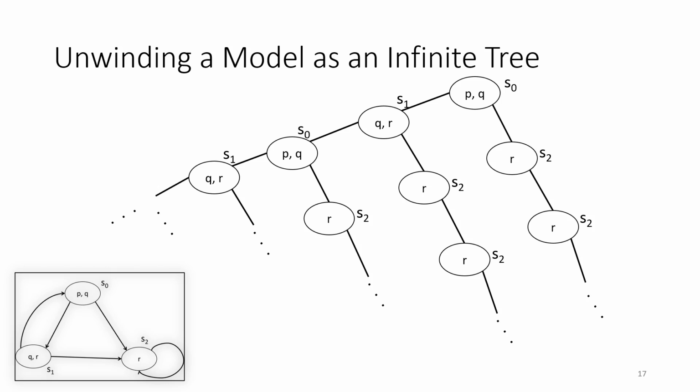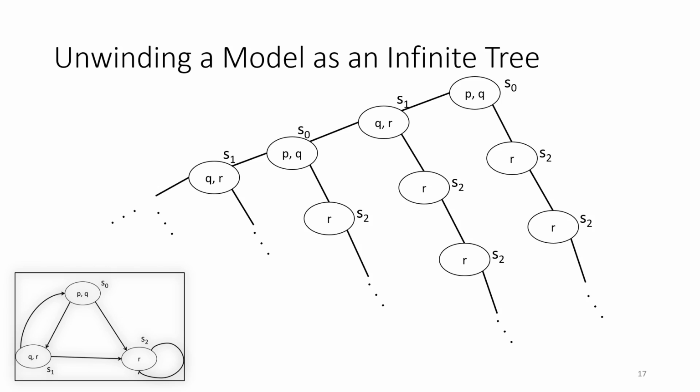You could imagine unfolding a model as some kind of infinite tree. How do we construct a path? Let's say we are at this state S0. What are the possible paths from here? We could go to S2, or we could go to S1. So there are multiple possible successors here.